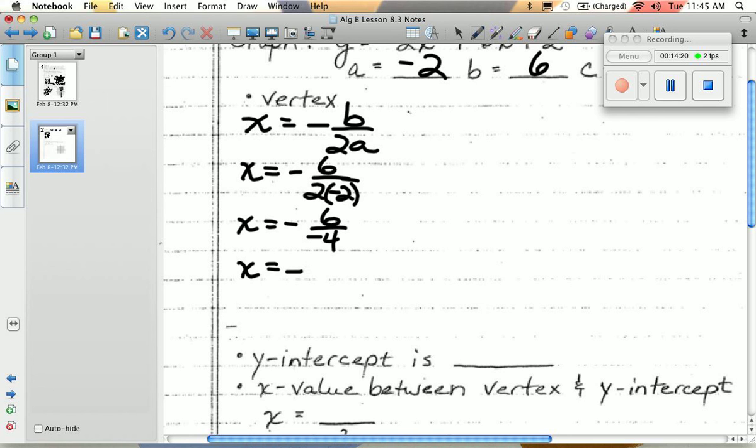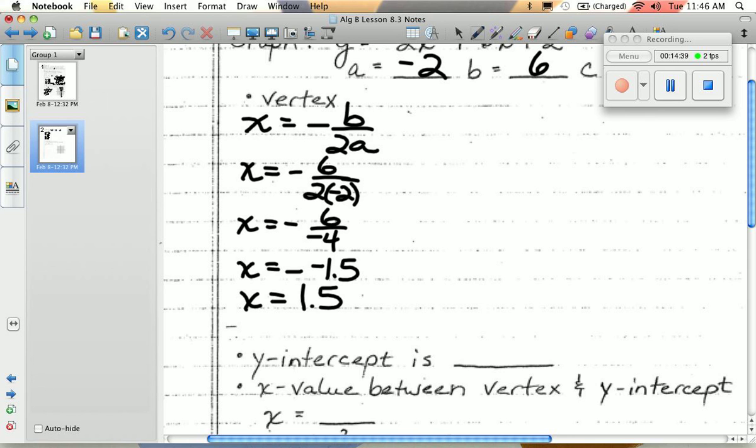So I'm going to let it keep coming along, and I end up with x equal to a positive 1.5. Is that what you get?